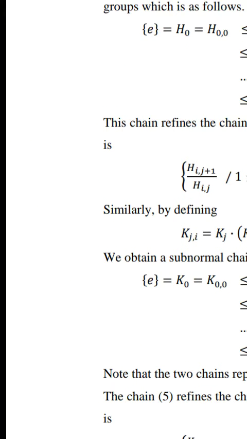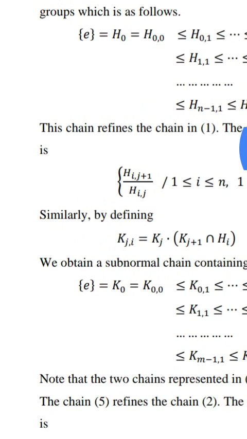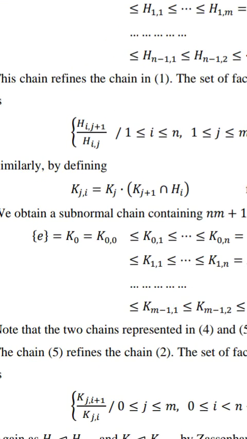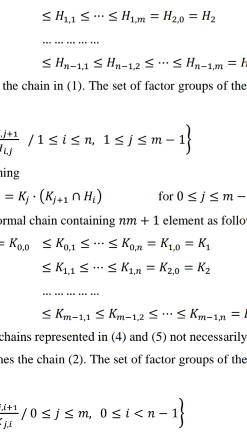Similarly, by defining Kji = Kj(Kj+1 ∩ Hi), we obtain a subnormal chain containing m plus 1 elements as follows: {e} = K0 = K00 ⊂ K01 ⊂ ... ⊂ K0n = K10 = K1 ⊂ K11 ⊂ ... = K20 = K2.